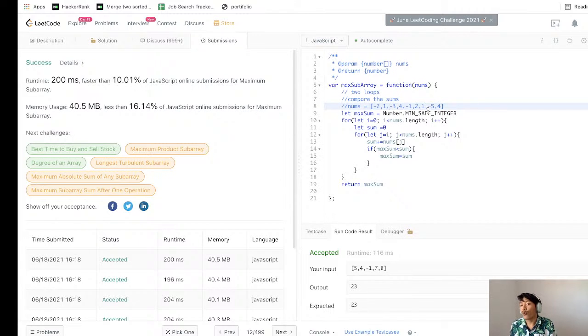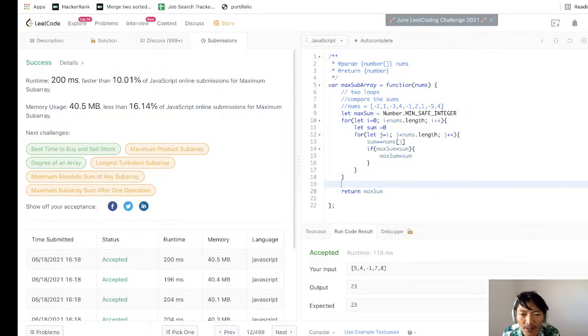And if there is a way we can avoid this repetition, then we might be able to optimize this solution.